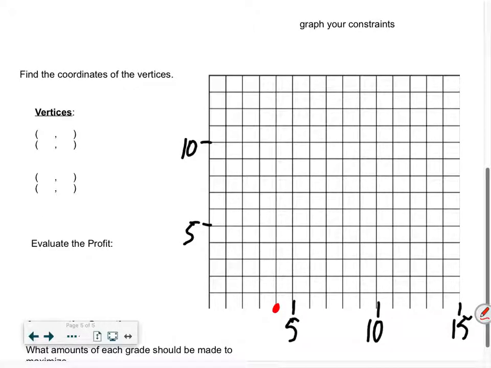So I have 4, 0, and 0, 10. That is a steep line.